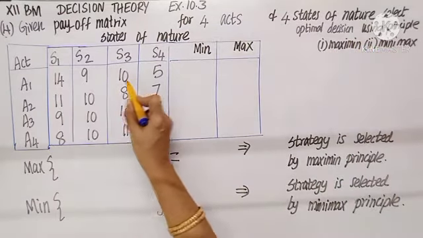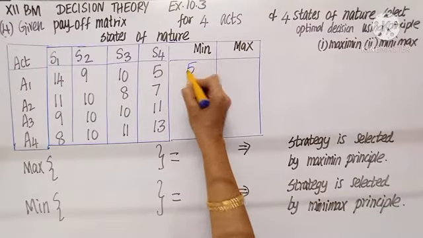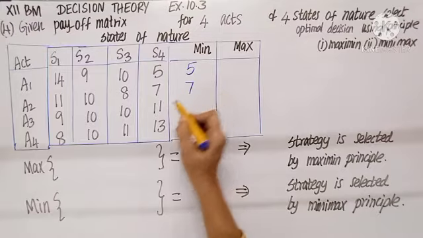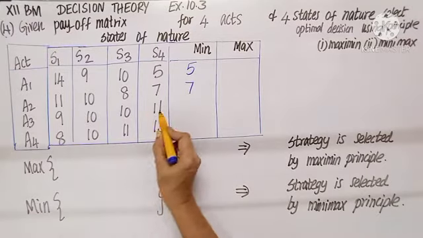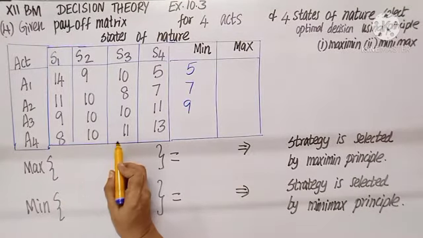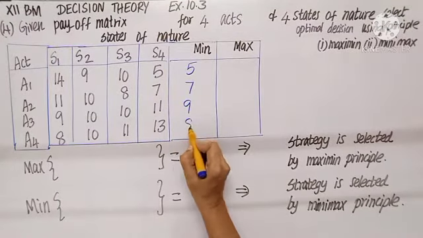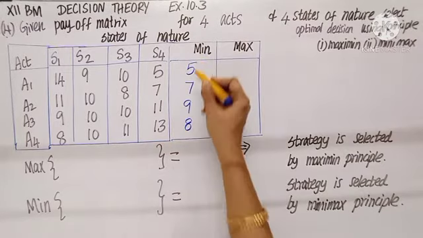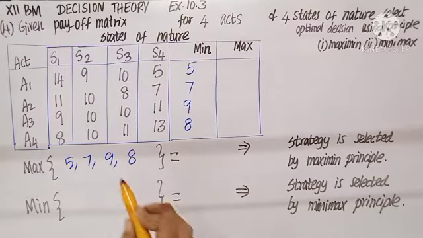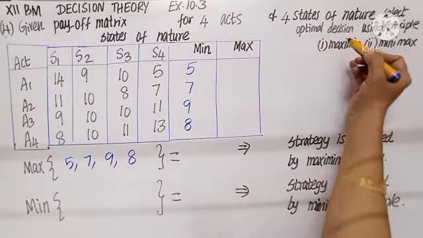14, 9, 10, 5. Minimum is 5. 11, 10, 8, 7. Minimum 7. 9, 10, 10, 11. Minimum is 9. 8, 10, 11, 13. Minimum is 8. Out of all, 5, 7, 9, 8, we need to check the maximum.